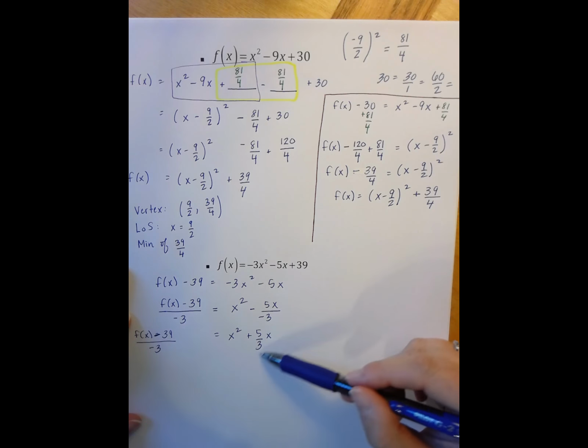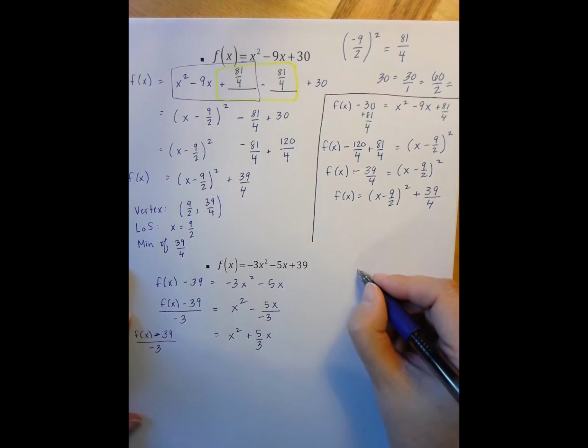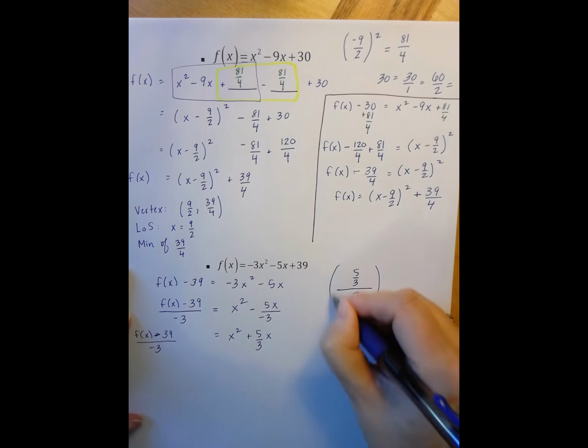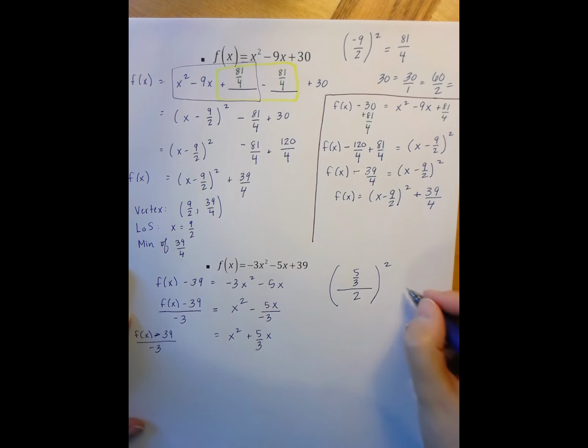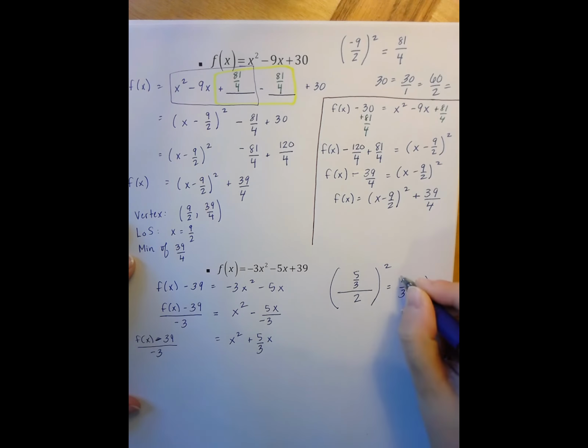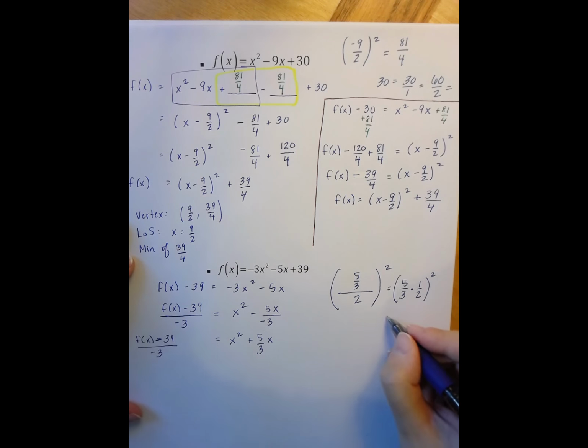So I now need to complete the square. And when I complete the square, I still am taking my b value, so 5 over 3 divided by 2, squared. But you'll remember that dividing by 2 is the same as multiplying by 1/2. So I end up with 5 over 6 squared, which is 25 over 36.